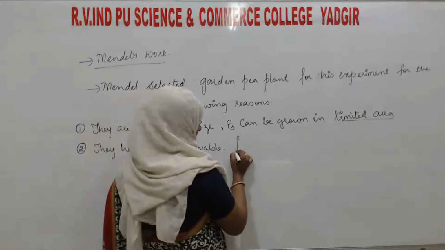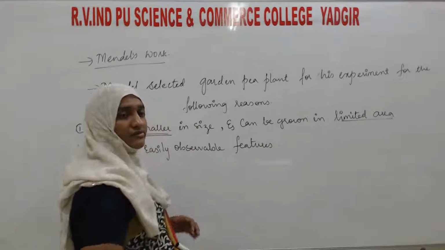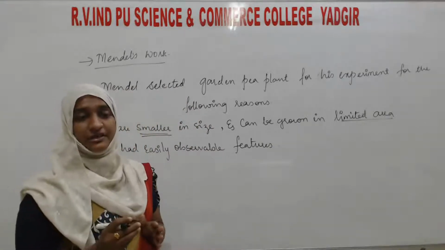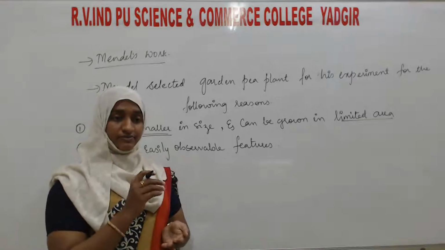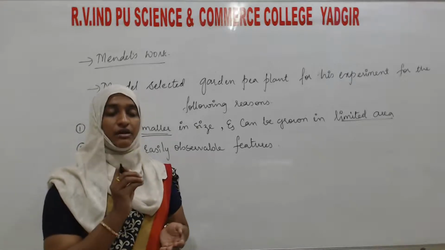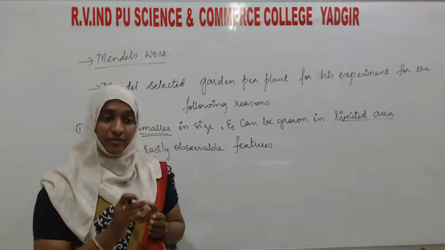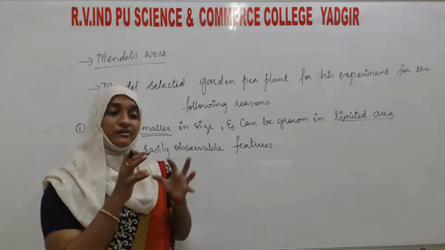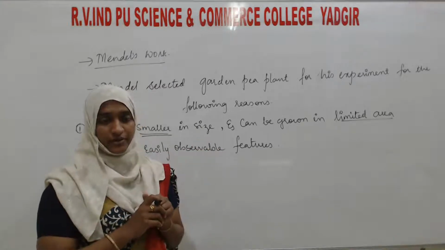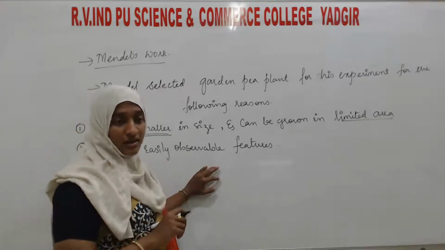Easily observable features such as plant height, color of the flower, color of the pod, color of the seed, shape of the seed. Like that, the characters in this plant can be easily observed. This is one feature for which he selected the pea plant.